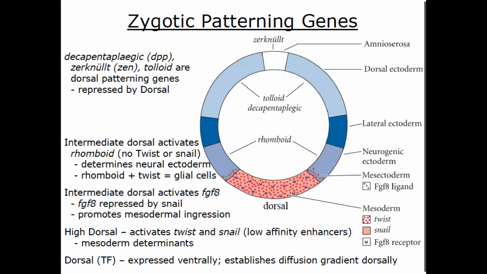So the cells receiving the highest dorsal, or the highest amount of dorsal present in the nucleus, form the mesoderm, and dorsal, being a transcription factor, actively represses and activates.